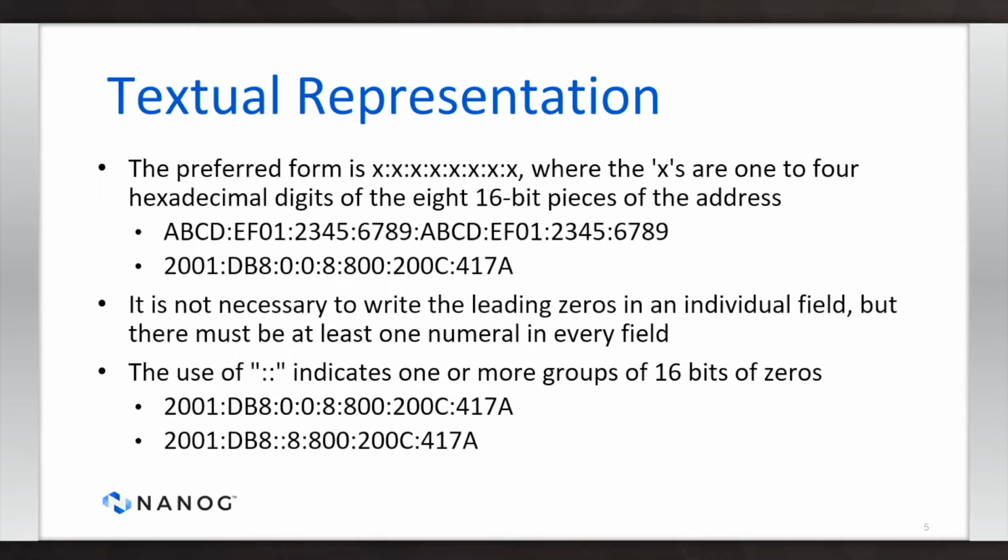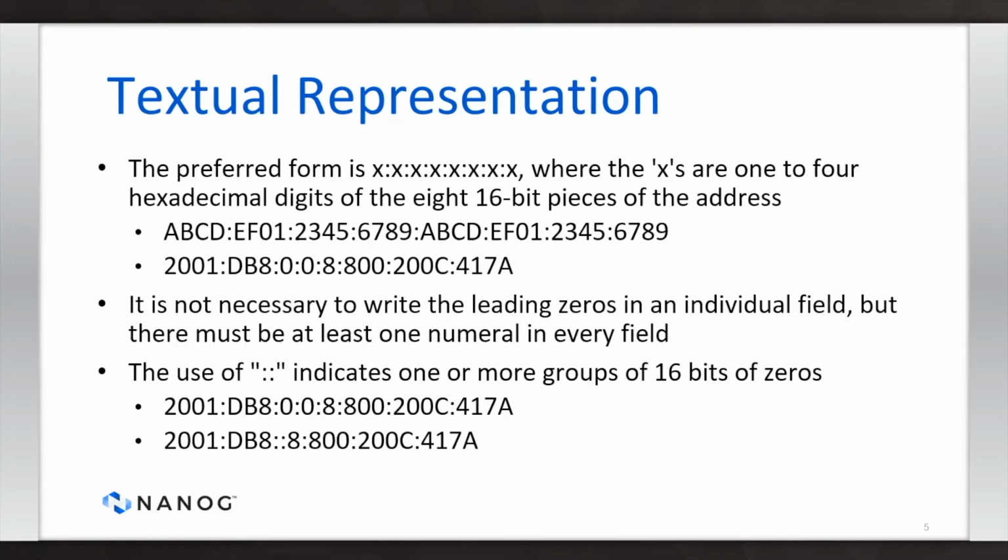Well, the preferred format is in the first bullet point here. X:X:X:X:X:X:X:X, where each X is 1 to 4 hexadecimal digits, 8 16-bit pieces of the address. It's even hard to say that. So let's take a look at some examples.